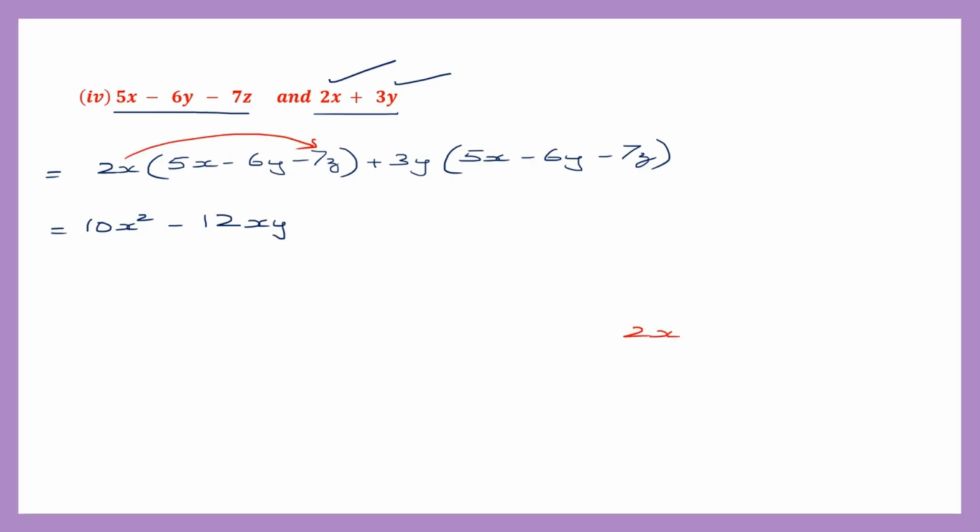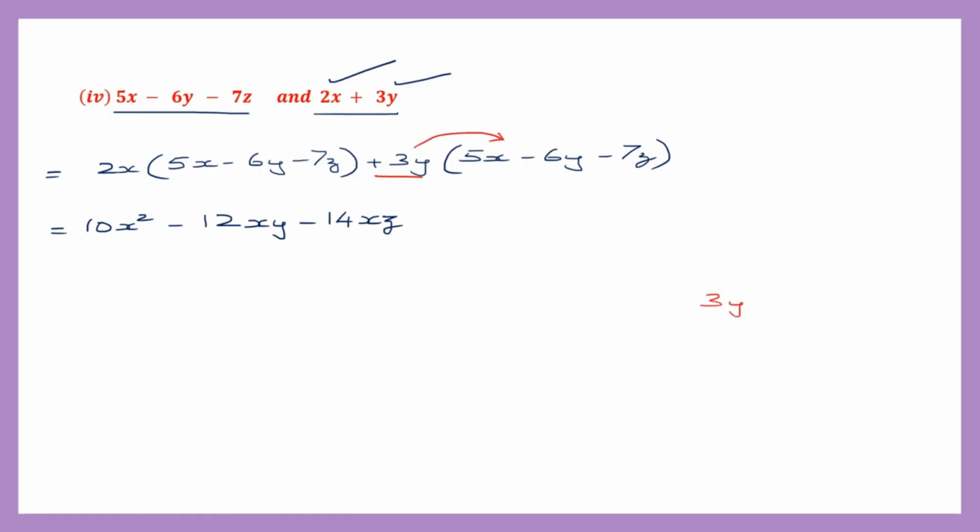Now we multiply 2x into minus 7z. So 2x into minus 7z. So this is a plus sign. So plus into minus is minus. 2 7s are 14. 1x and 1z makes it xz. So this is minus 14xz. Now we go on to the next one, plus 3y into 5x.